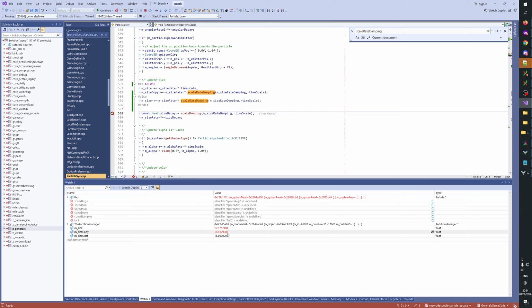Size rate damping. Size decay. But the size rate already has this decay. Why does this one need decay as well then?